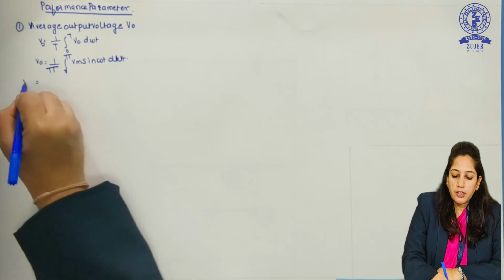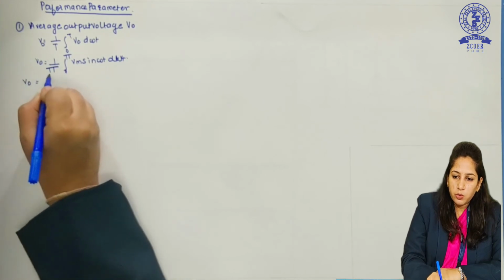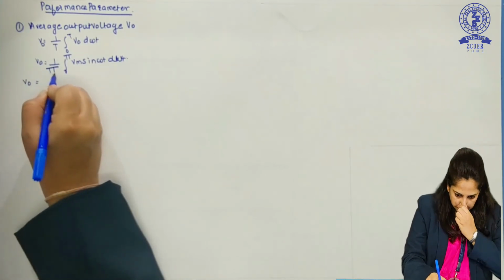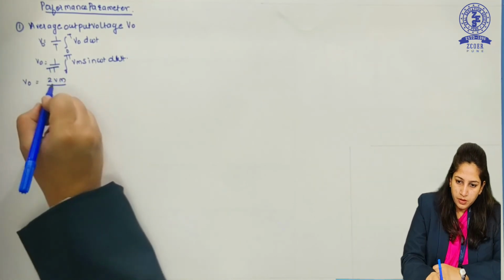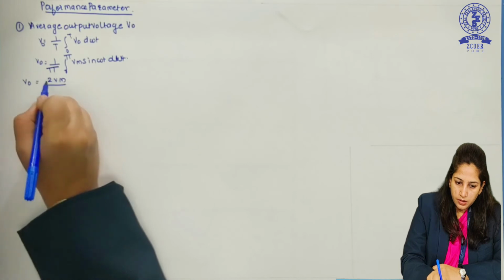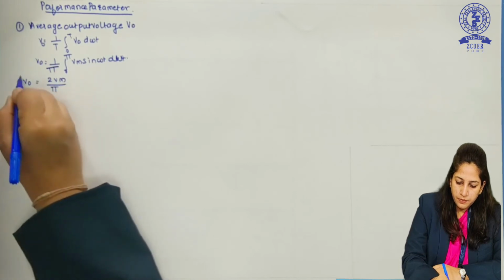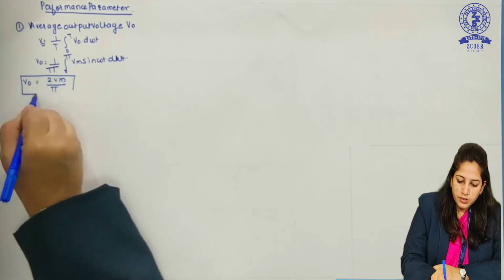So directly I will write V0 will be equal to 2 Vm upon pi. So this is the average voltage.